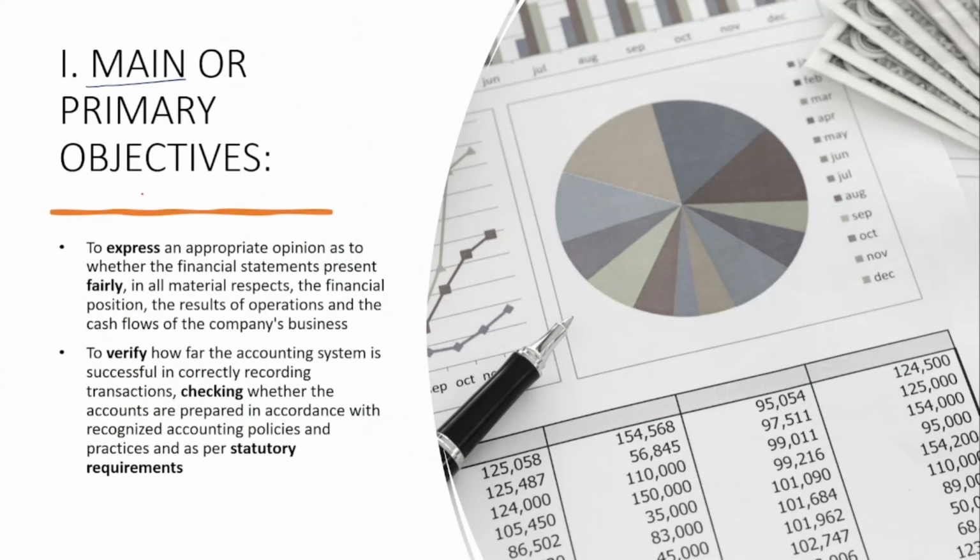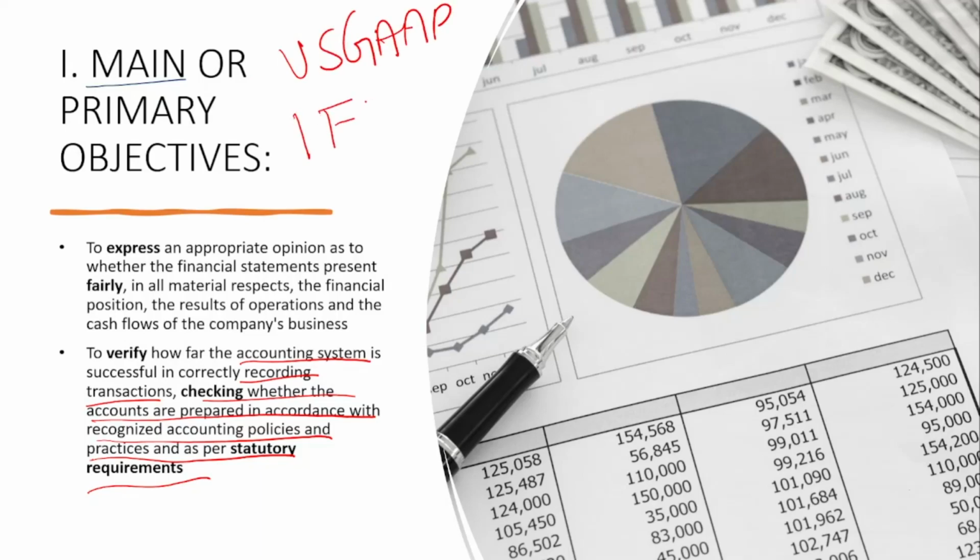Next, to verify how far the accounting system is successful in correctly recording transactions, checking whether the accounts are prepared according to the recognized accounting policies and practices and as per the statutory requirements. We have US GAAP, then International Financial Reporting Standards.